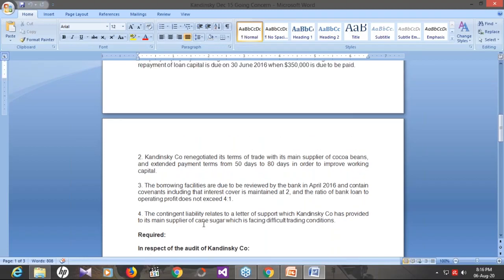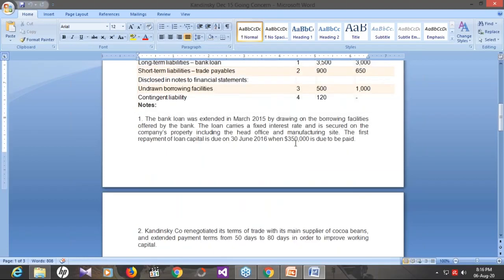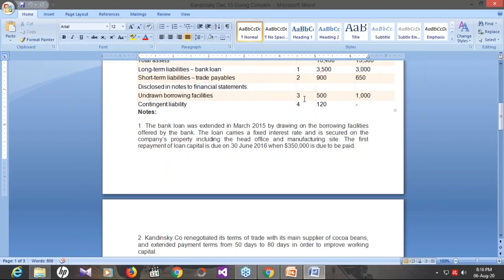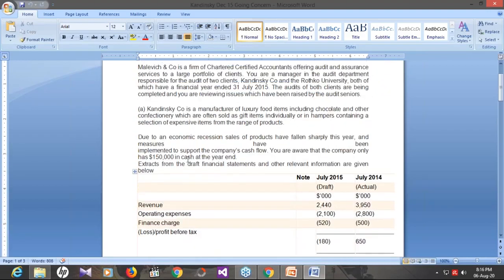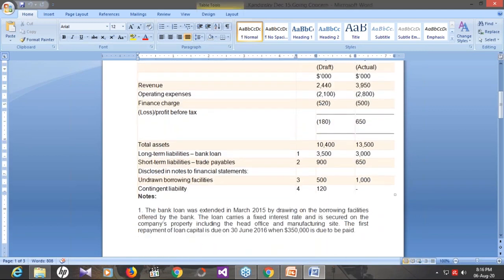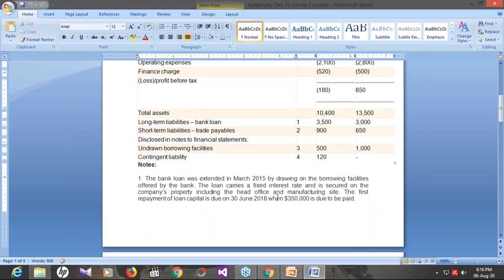So how means that if company is not able to pay 350,000 because company is in loss nowadays and company doesn't have much cash with them, they only have 150,000. So this means that, and company is in loss also. So there is a probability that company will not be able to pay 350,000 at 30th June 2016.